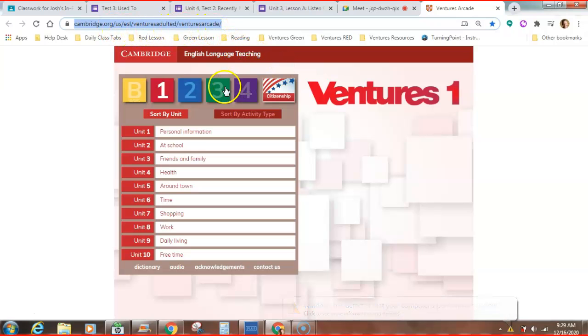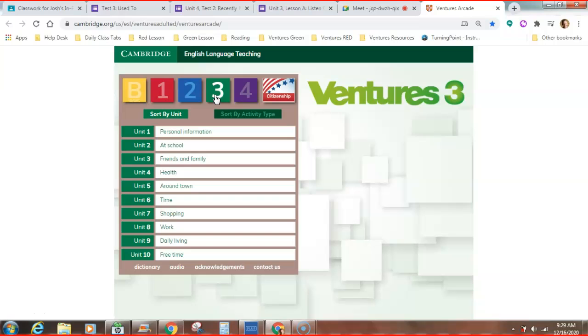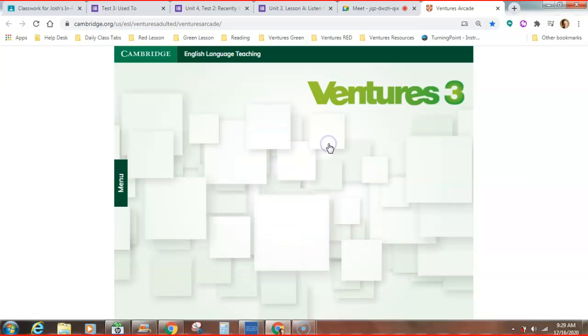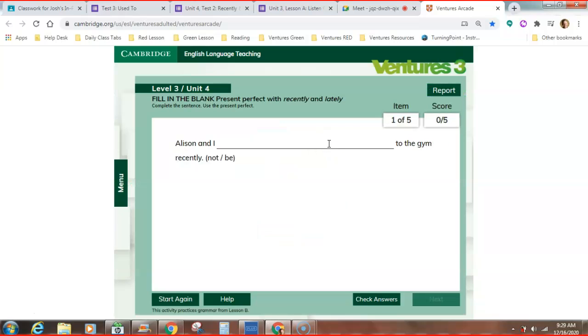I'll put a link to it. Click on the green 3 book and then Unit 4. And you'll want to focus on doing B and C as a review of the information. Once you've reviewed the information, I would suggest taking that test while all the information is fresh in your mind.